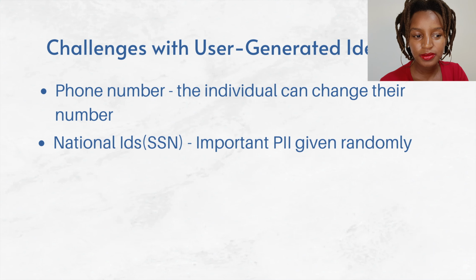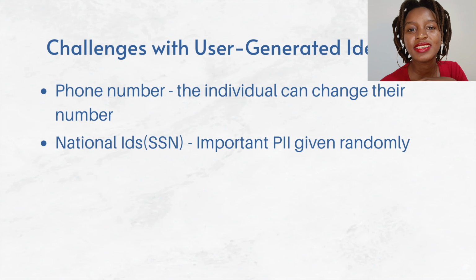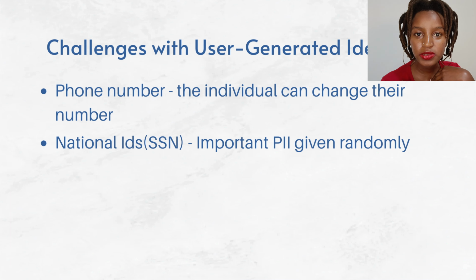Another example is national IDs. This is mostly common in government systems where I already have my national ID, but then now when I'm going to use another different government system, they'll just now use the national ID as my identity in that other system when I'm the entity in this case. A problem with that is important PII is being given randomly.